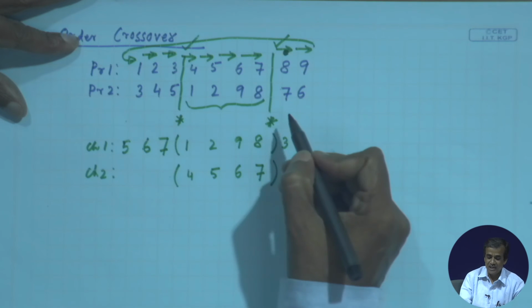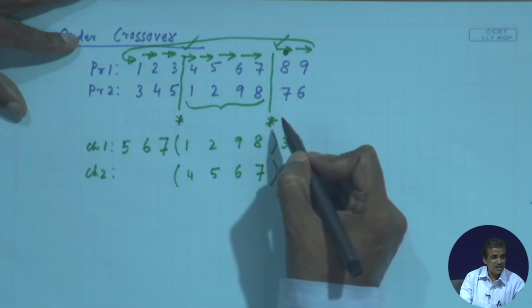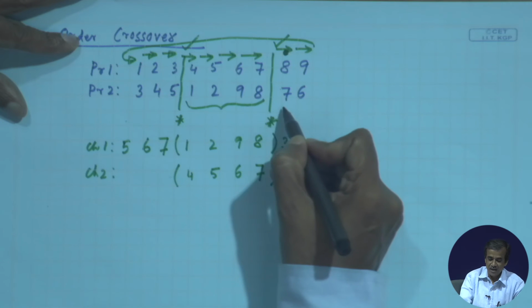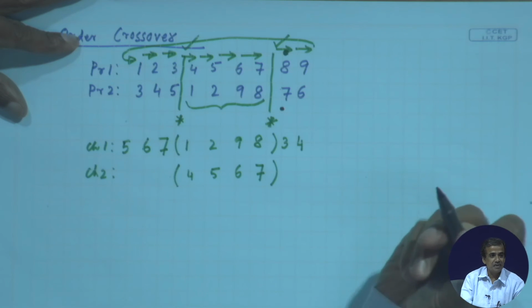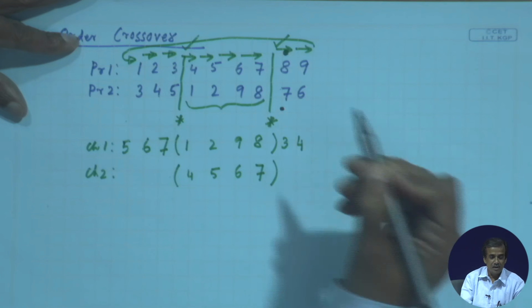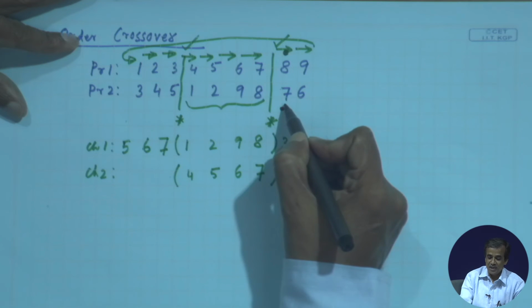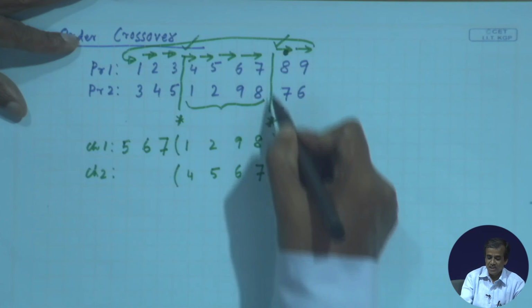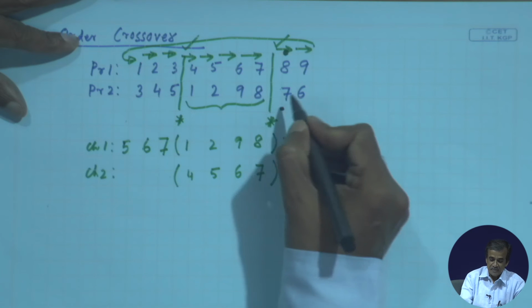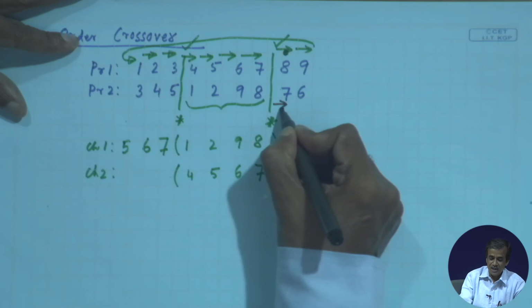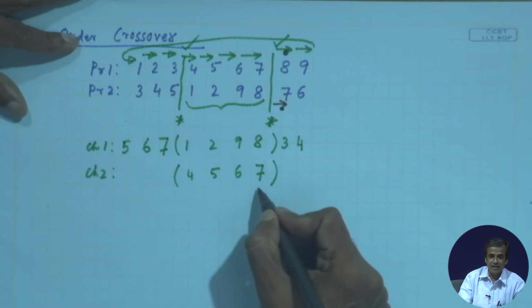And once again I will start with the first city after the second crossover site, that is your 7. So, this is the starting position of the search. Am I clear? So, this is the starting position of the search, first city after the second crossover site lying on parent 2. Okay. So, the first one is 7, 7 has been selected.